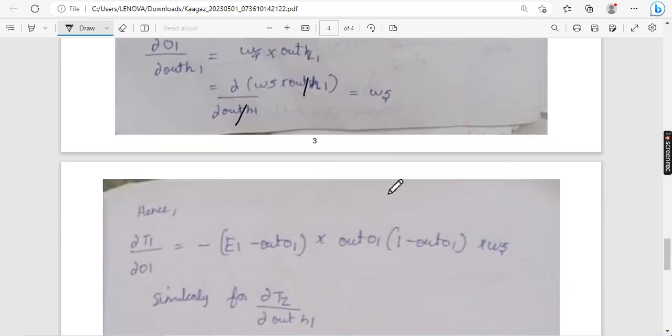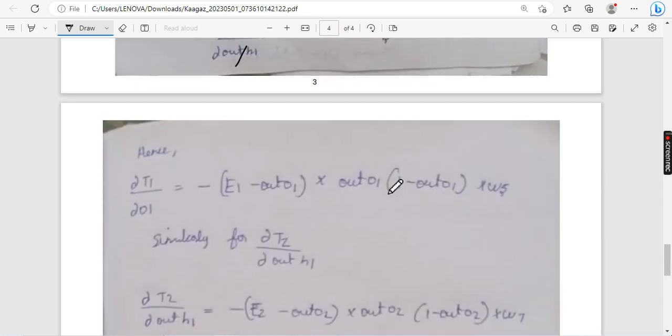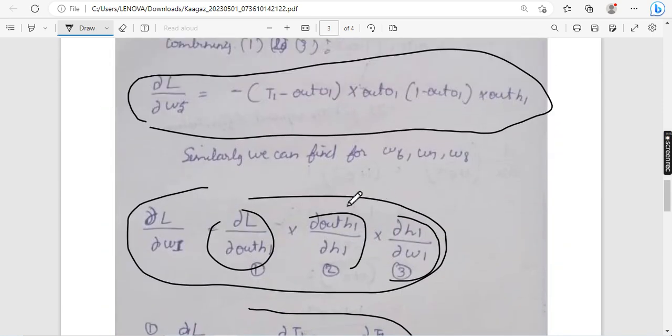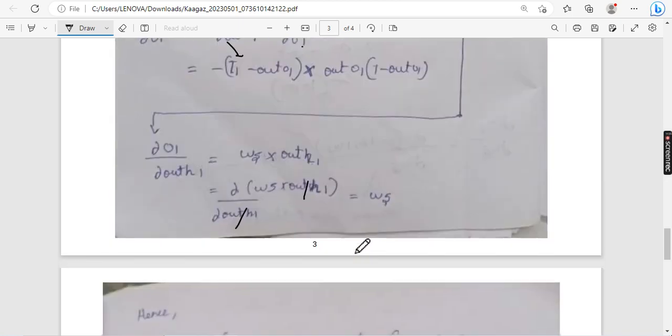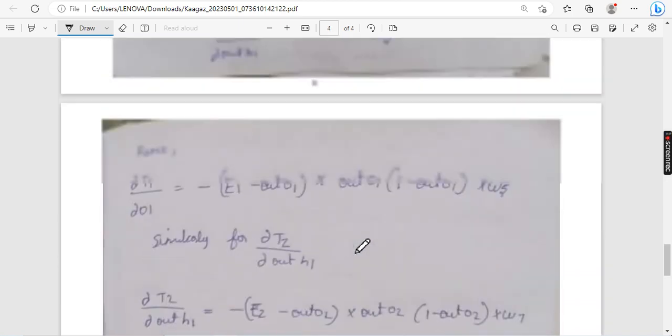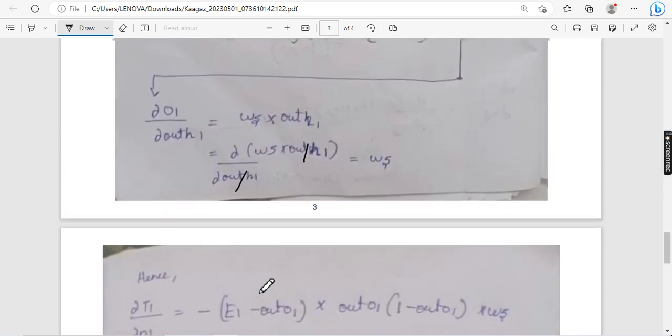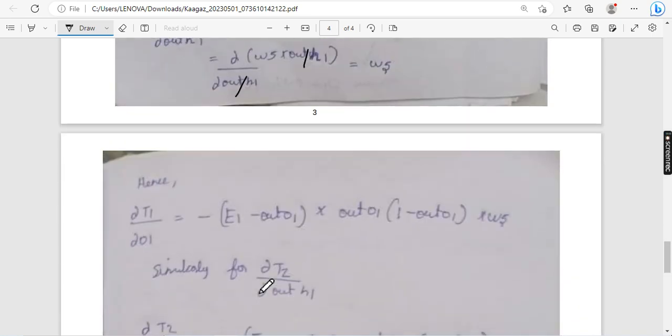And for this second thing, now let's compute the derivative, which is the differentiation of output of H1 with respect to H1.